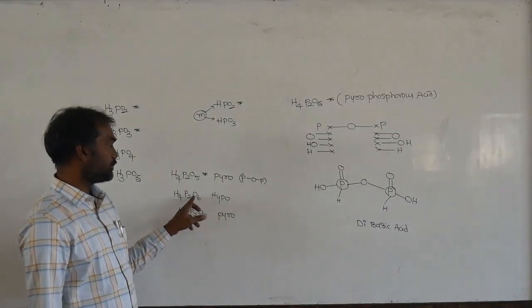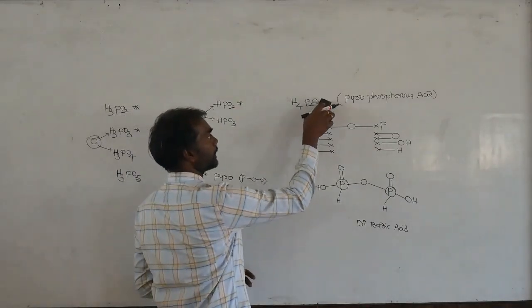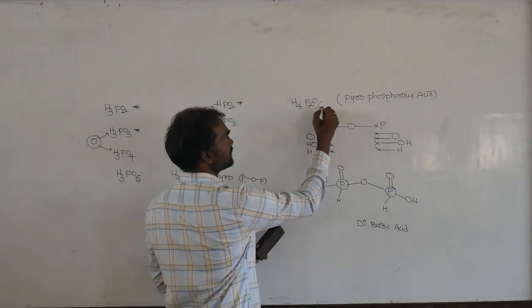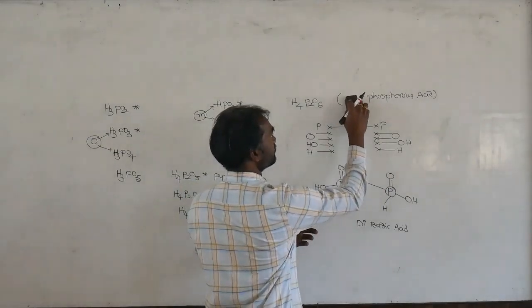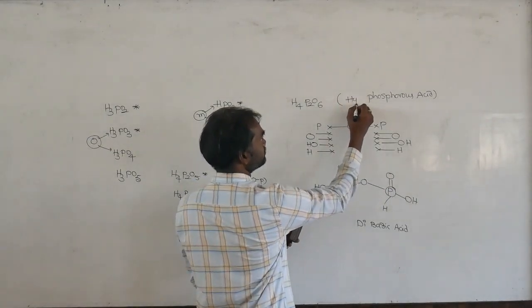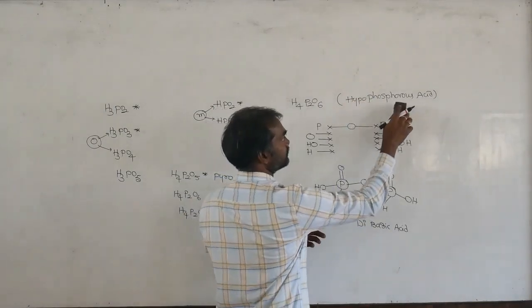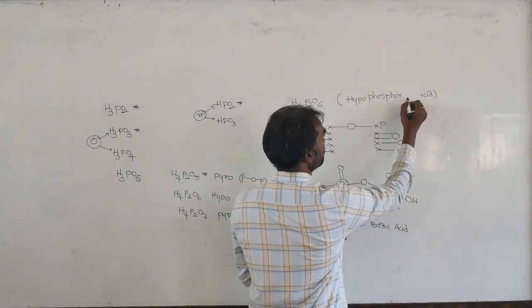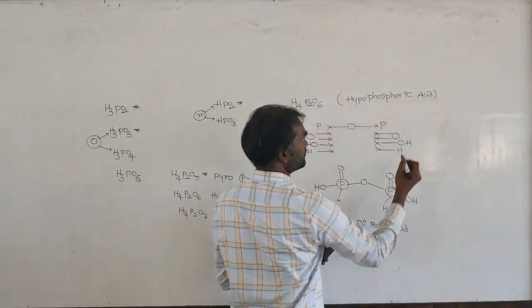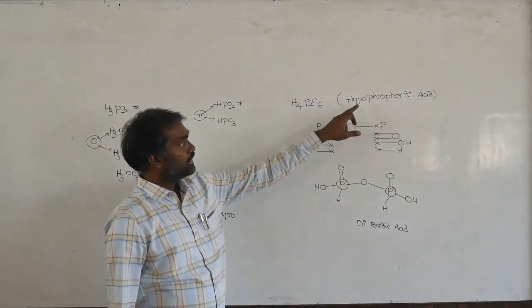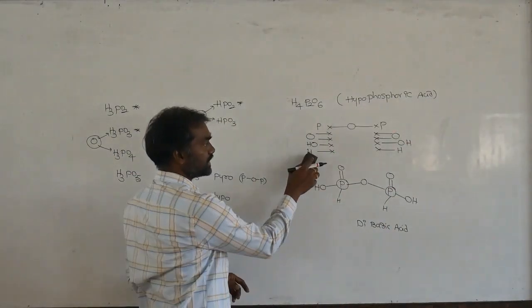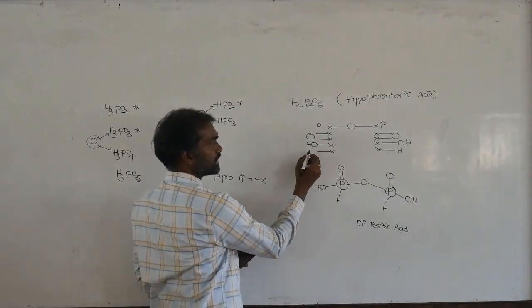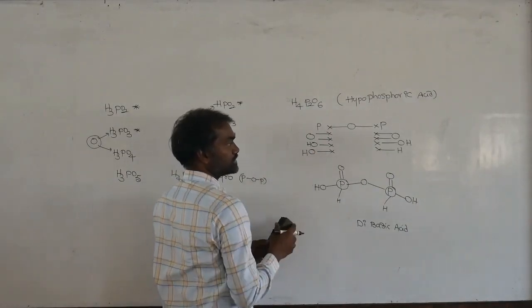Next H4P2O6. This is hypophosphoric acid. So here what happens? Ic acid means there is no hydrogen directly connected to the center. You write OH.